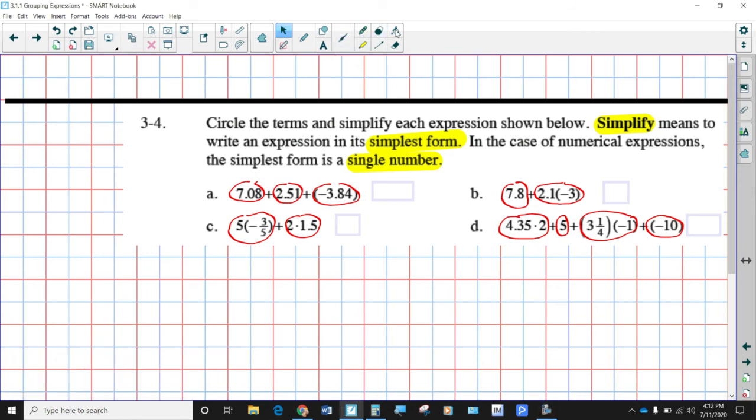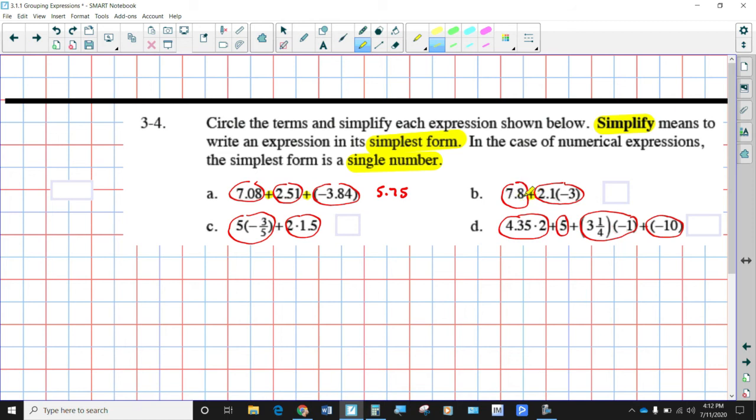Alrighty, so taking a look at the work, you notice there are plus signs here. Let me just go ahead and do that little highlight there. So the terms would be the 7.08, the 2.51, and the -3.84. When you add all those together, you should get an answer of 5.75. Here, our terms are what's being added together.